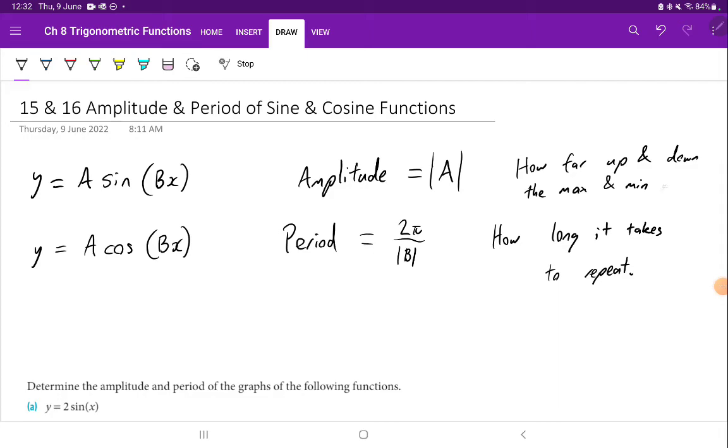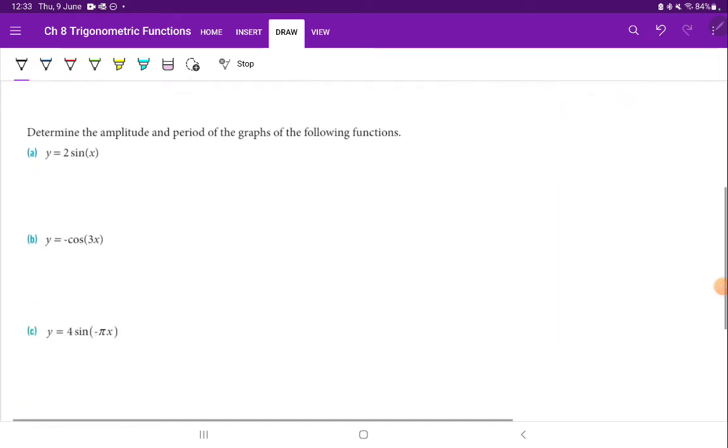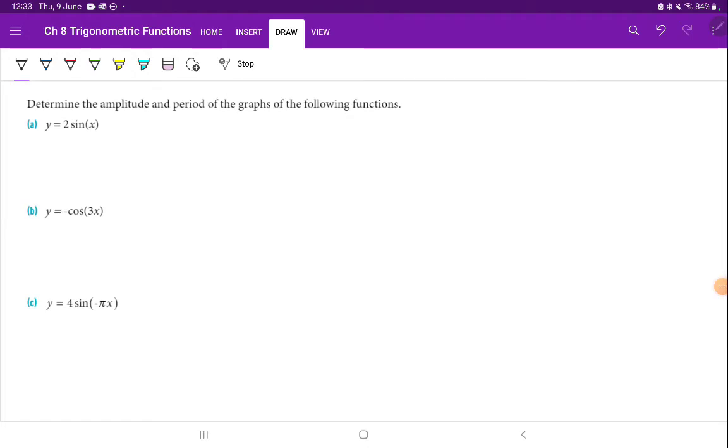It'll make more sense when we start dealing with translations as well. So, going through these ones, let's work out the different things. Well, a is equal to 2, so therefore the amplitude is 2. And the absolute value of 2 is just 2.